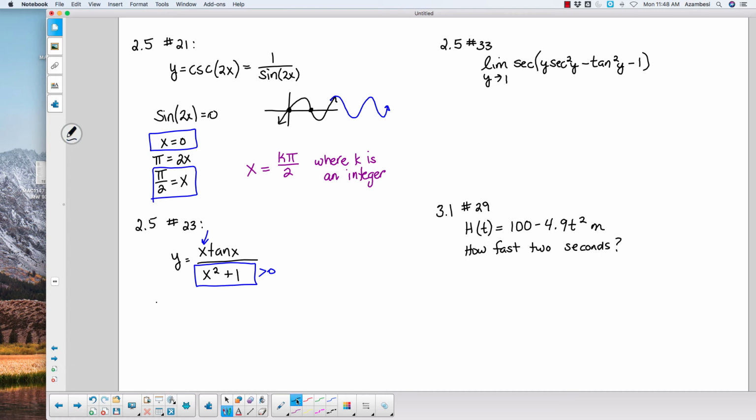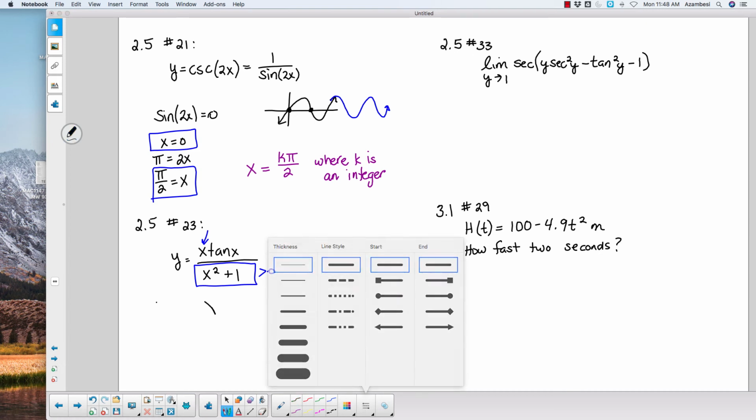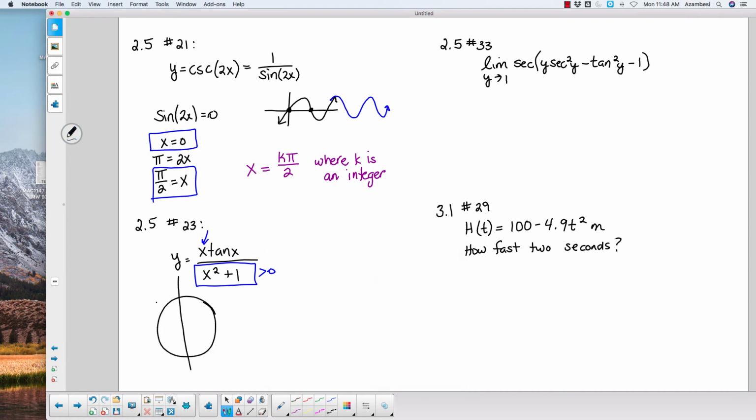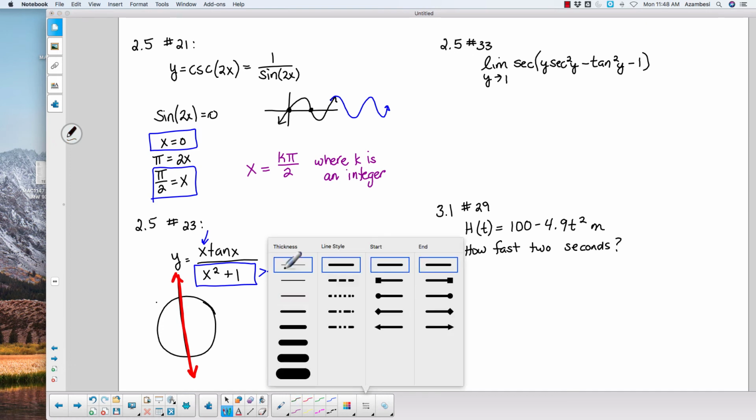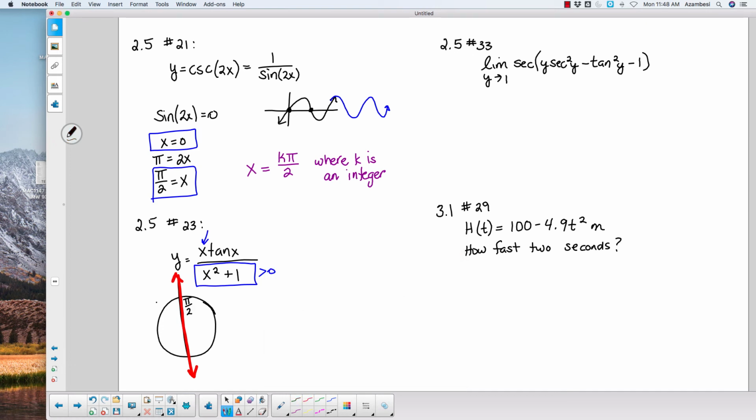So tangent, if you're thinking about the unit circle, that's a terribly lopsided circle. But if you're thinking about the unit circle, the tangent function is undefined at pi over 2 and at 3 pi over 2. So that's when our slope is vertical, even though it doesn't appear it right here.